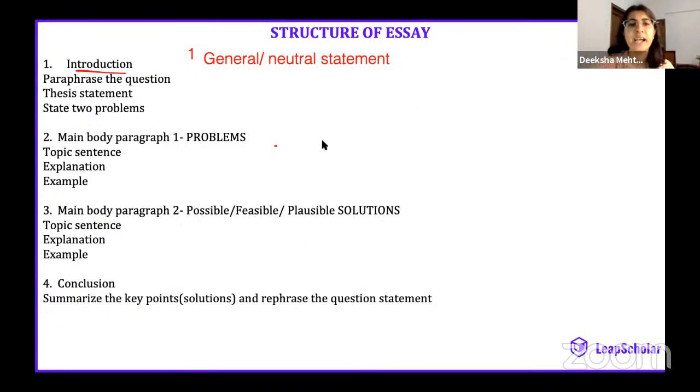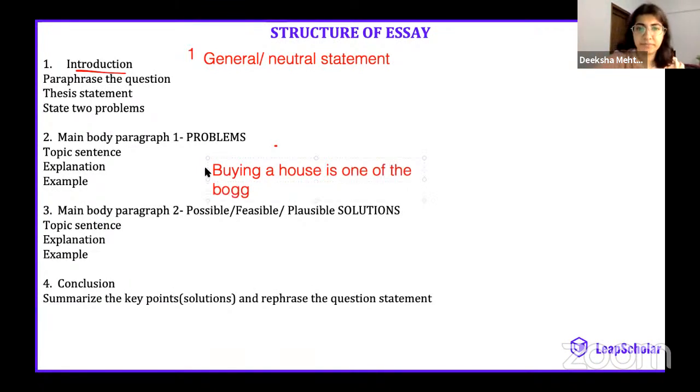I can say, let's say that buying a house is one of the biggest investments.